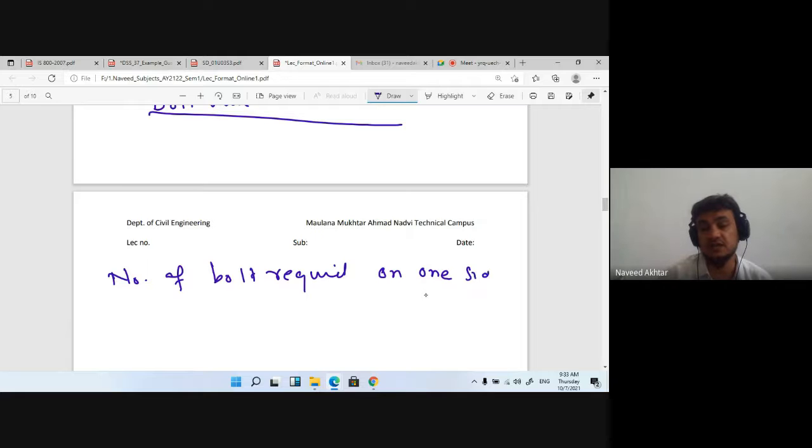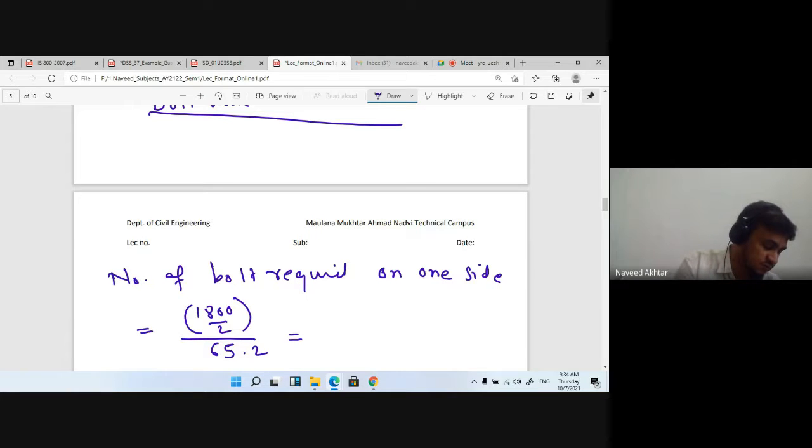On one side, the number of bolts required is equal to load 1800 divided by 2, divided by 65.2, which is coming around 13.846.